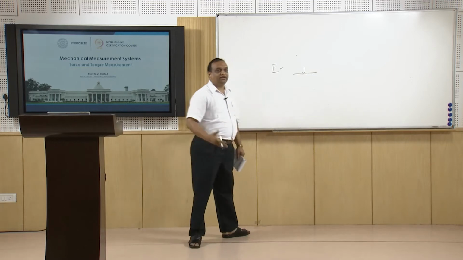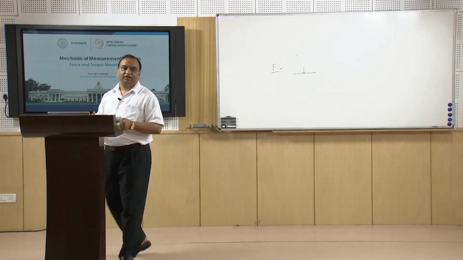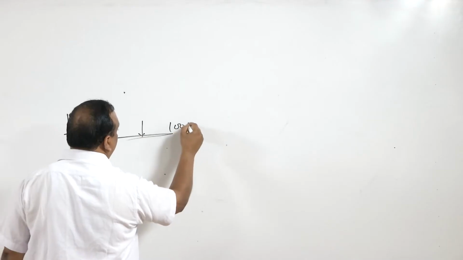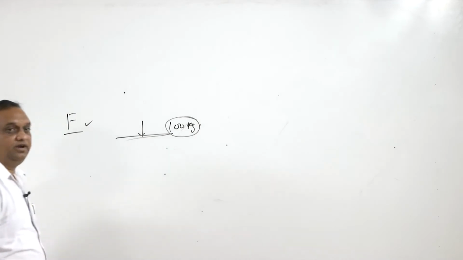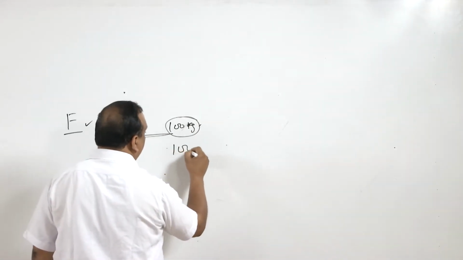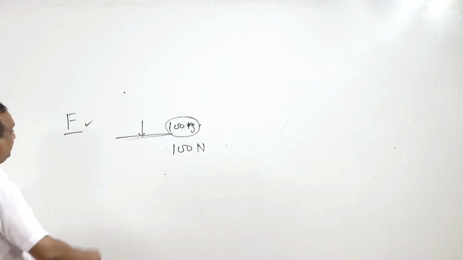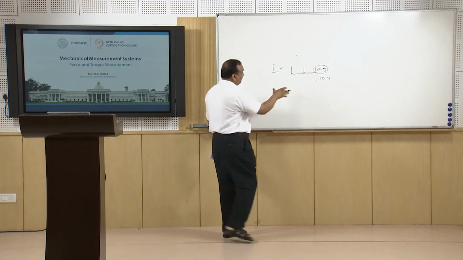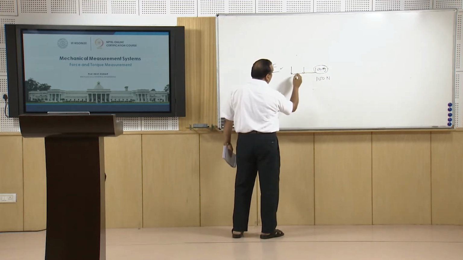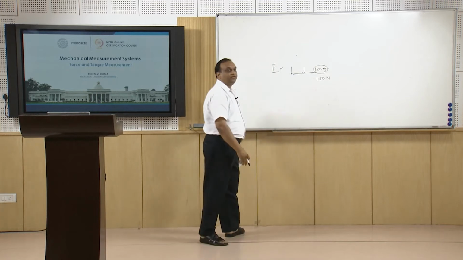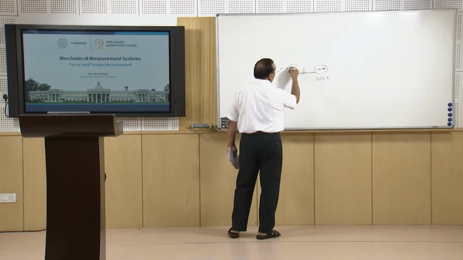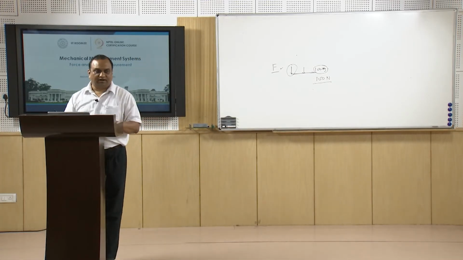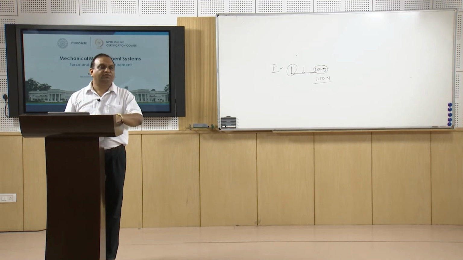Suppose on this side we have 100 kg, the known gravitational force, 100 kg force, so about 100 newtons. If the arm of the balance is in a horizontal position, with no deflection, then the unknown force is also 100 newtons. That is a very primitive and very reliable way of measuring the force.